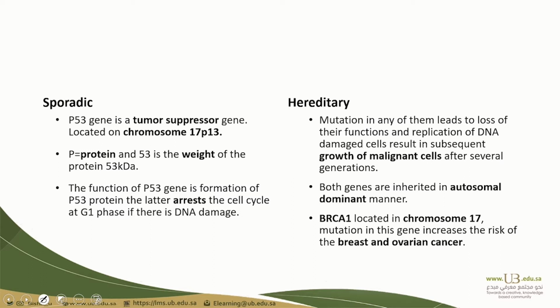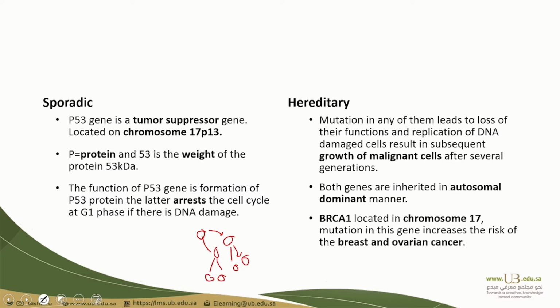The latter arrests the cell cycle at G1 phase if there is DNA damage, so the cell cannot replicate more. Because if it replicates more, it may give rise to tumor because there is some DNA damage.